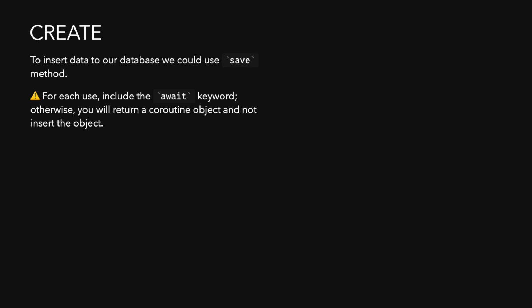Otherwise, you will get a coroutine object returned, and it will not insert anything or run the async method. Okay, we have hot Kamil again, and we need to use await and hot Kamil save, for example.